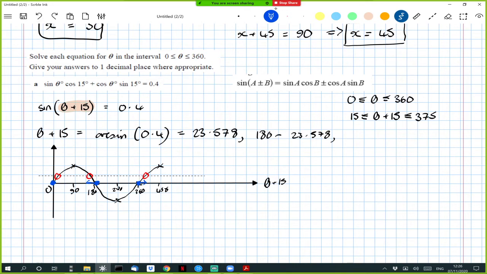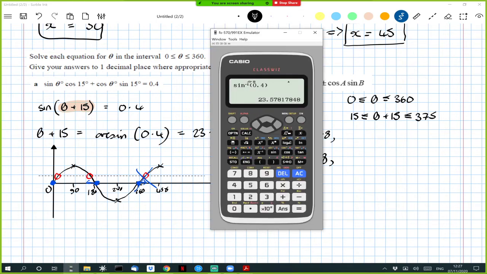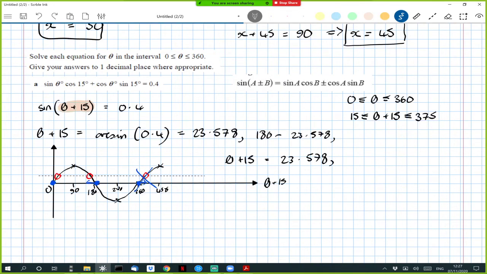Clearly that's going to take us out of the limit 375, so we're just going to disregard that answer. We know we've got the 2 answers we need. So theta plus 15 equals 23.578, and 180 minus that is 156.422.